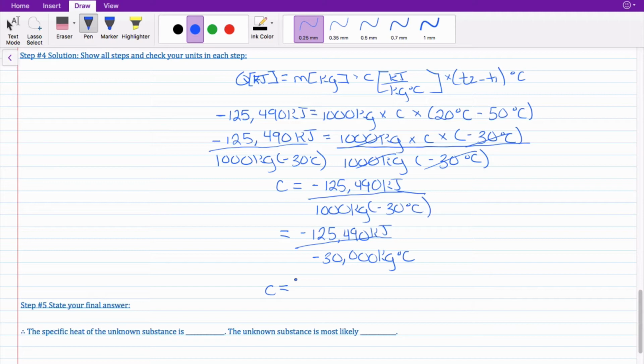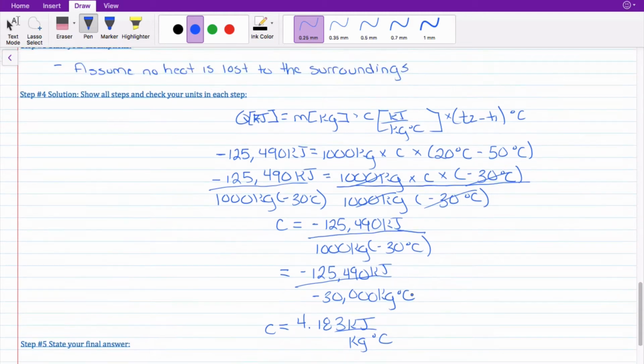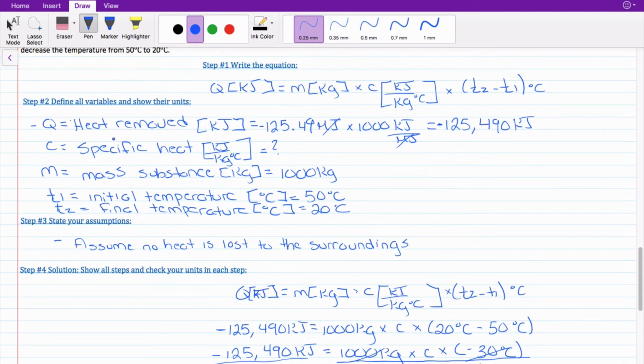So when you divide 125,490 by 30,000, you'll get 4.183 kilojoules per kilogram degrees C. That's your specific heat. The one reason I like writing out our variables in their units is you can see our specific heat.